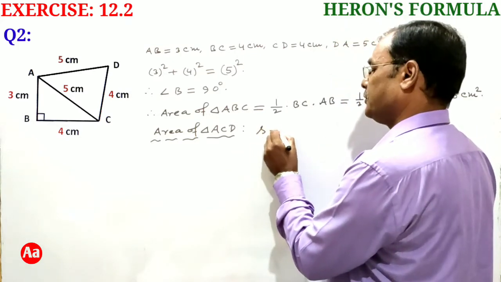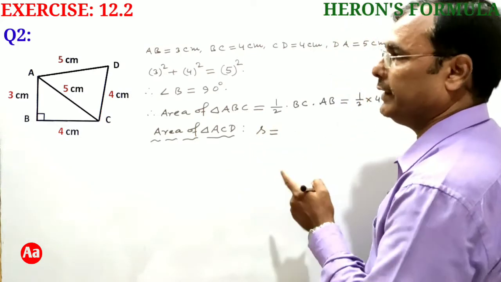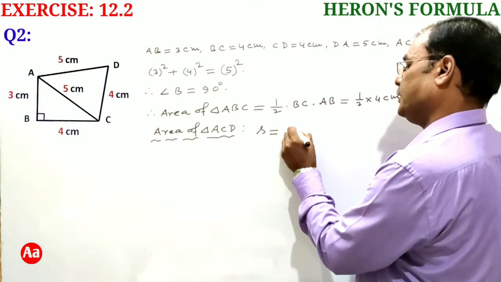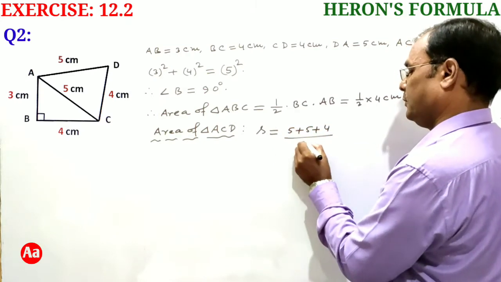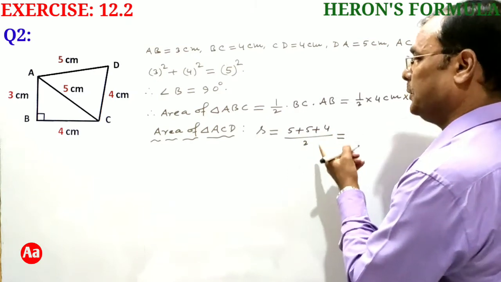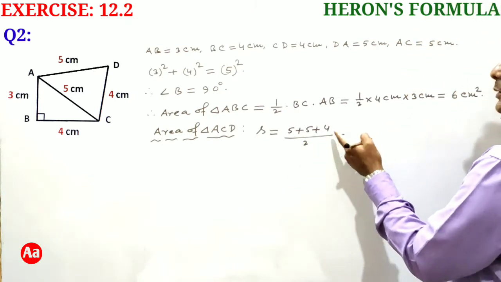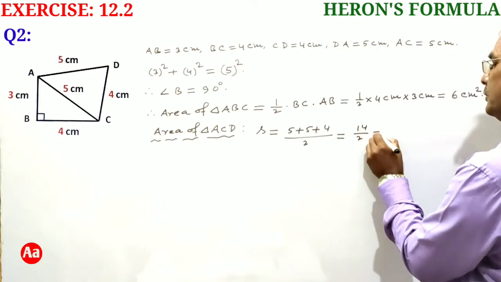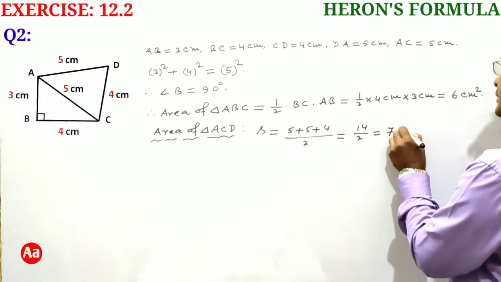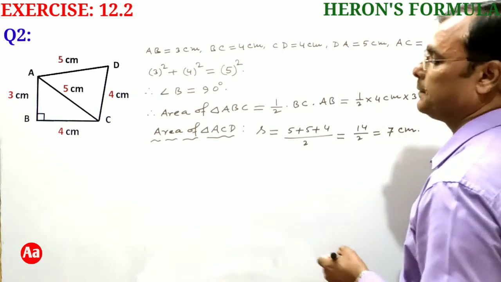To use Heron's formula, first we have to calculate semi perimeter, which is 5 plus 5 plus 4 by 2. A plus B plus C, perimeter divided by 2, so it is 14 by 2, which is 7 centimeter, semi perimeter.